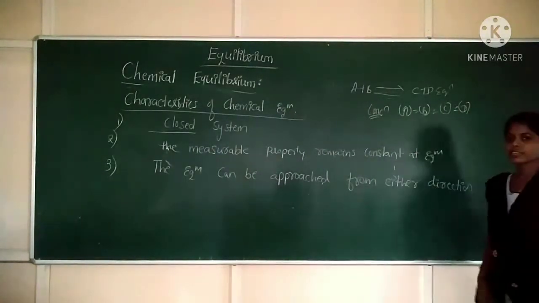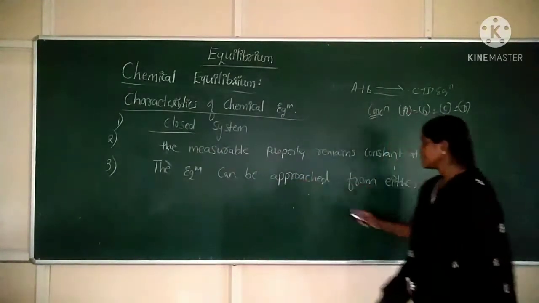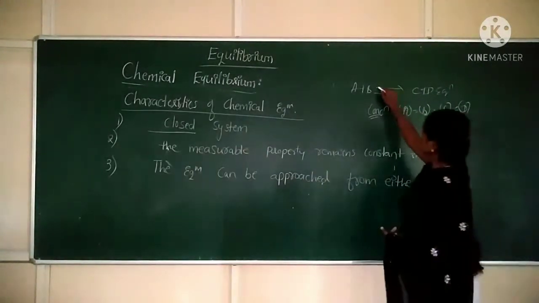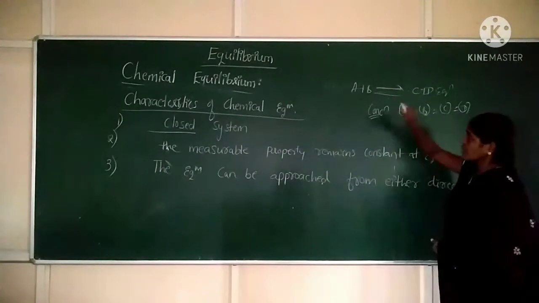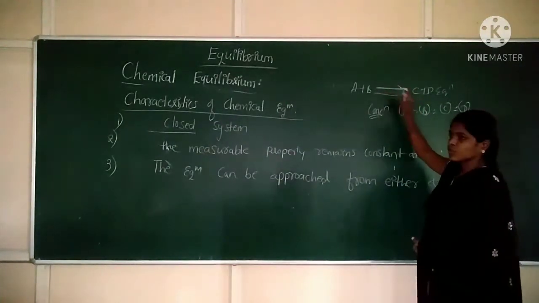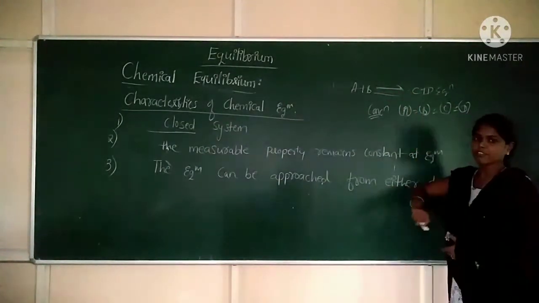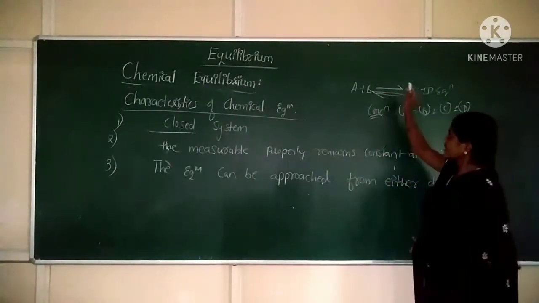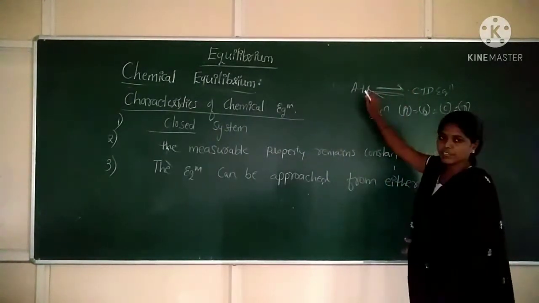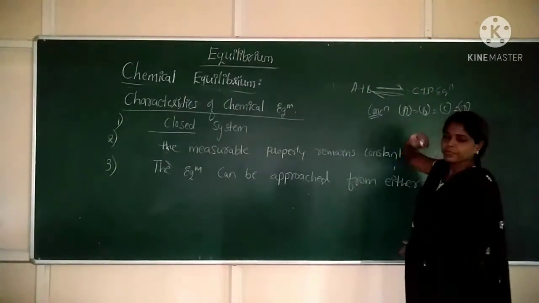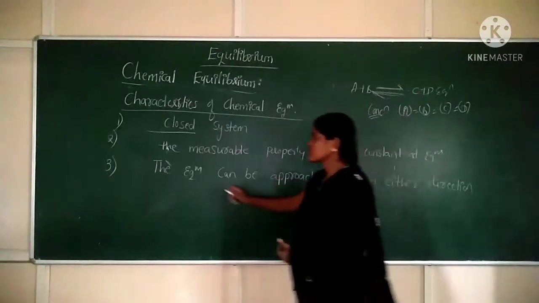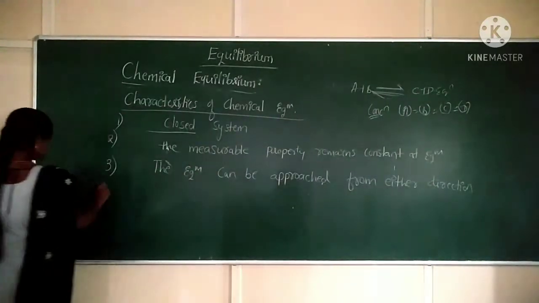What is the third characteristic? The equilibrium can be approached from either direction. Either direction means what? Either you can attain the equilibrium in the forward direction, moving from left to right, or you can attain the equilibrium by moving from right to left. Clear? So this is the third characteristic.